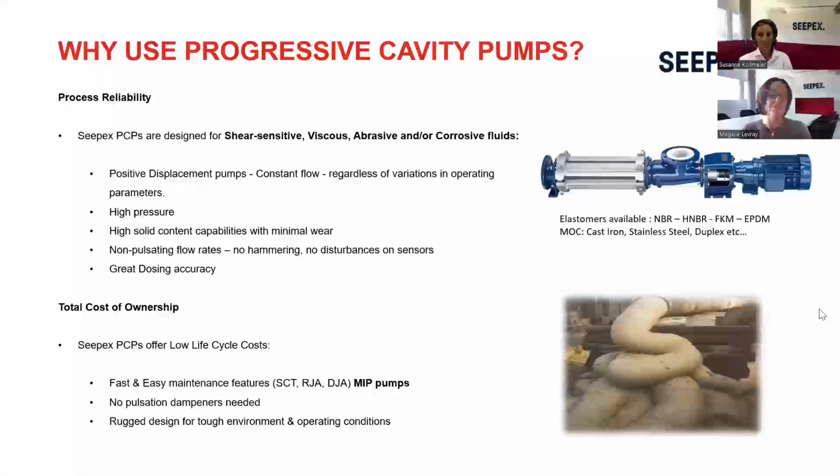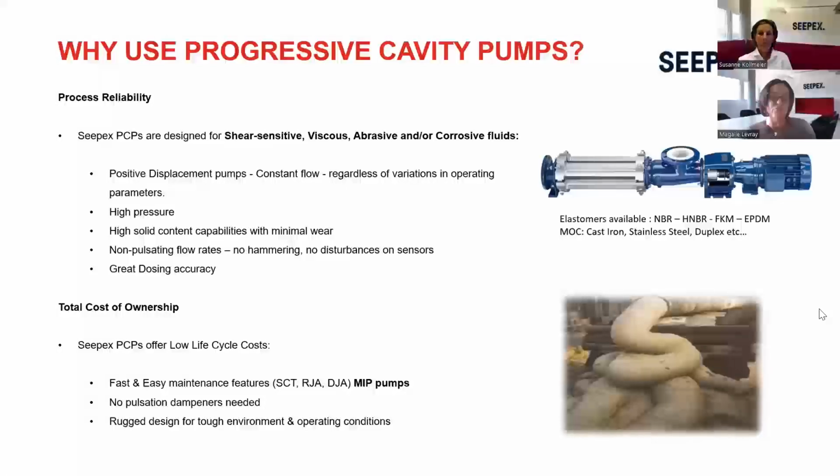SCT, that is smart conveying technology, we're going to see in detail. And we have other features, rotor joint access or drive joint access. These features allow independent access to each wearing part, again making sure that maintenance can be carried out easily and fast.